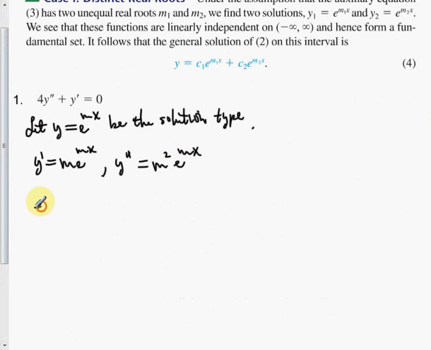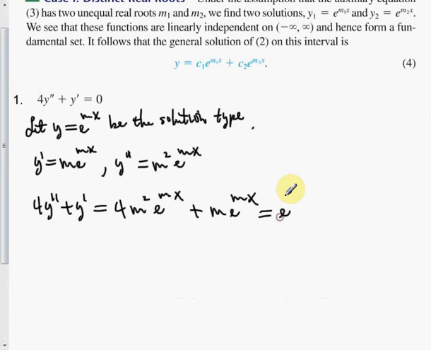So if this be the case, then y prime is equal to m times e to the mx. And then y double prime is m squared times e to the mx. Just mimic the proof that I just gave. So here I go to the equation. This is 4y double prime plus y prime. I substitute 4 times y double prime, that's m squared times e to the mx, plus y prime, which is m times e to the mx. Notice I can factor out what's common, e to the mx times brackets.